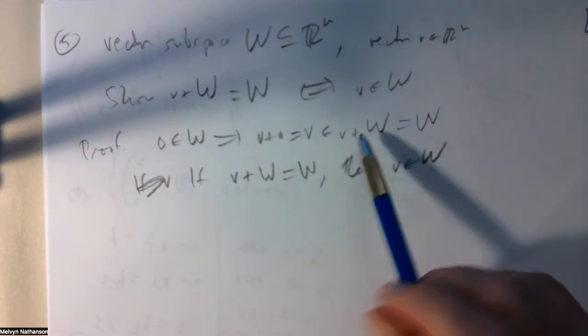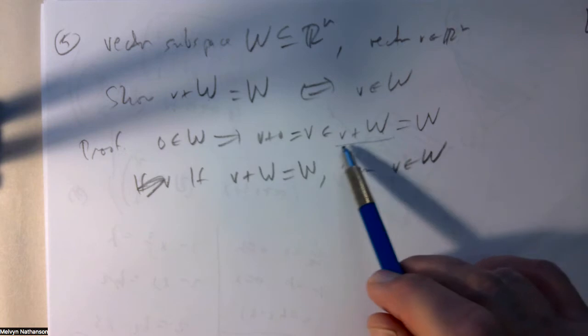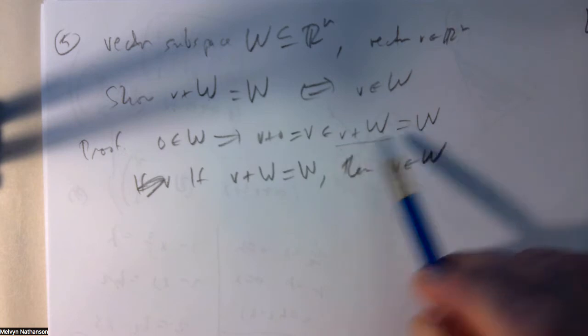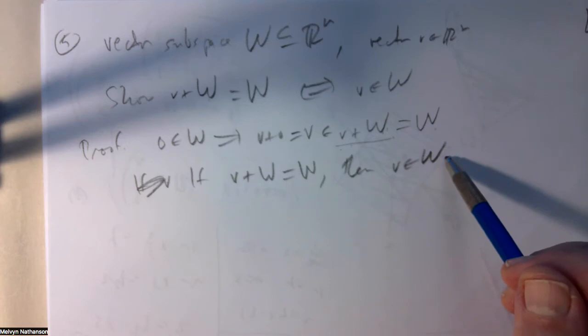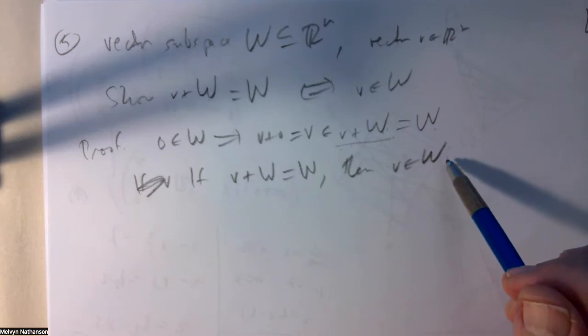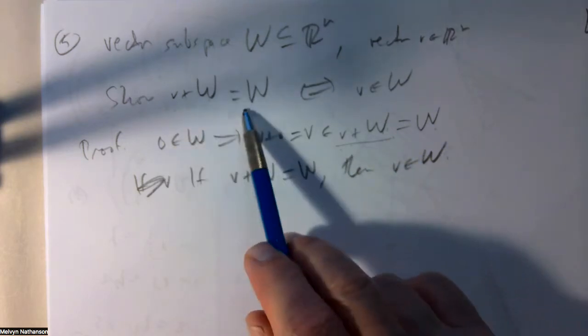So if you take any vector V, V plus 0, which is V, is in this translated subspace, W translated by V. But if V plus W equals W, that says V is in W. So if V plus W equals W, then V is in W.